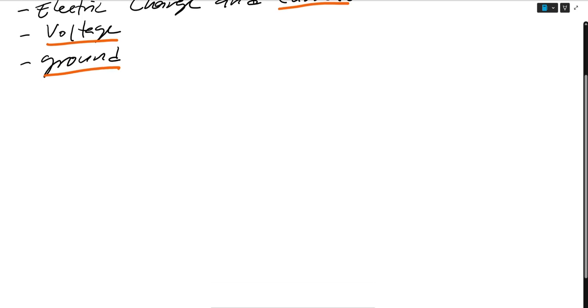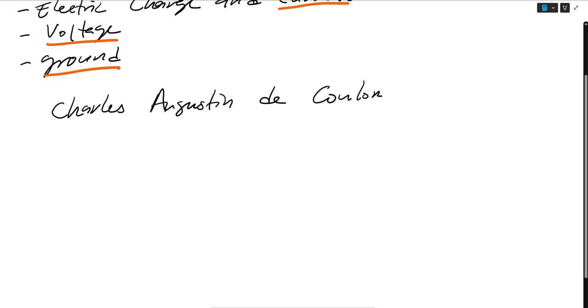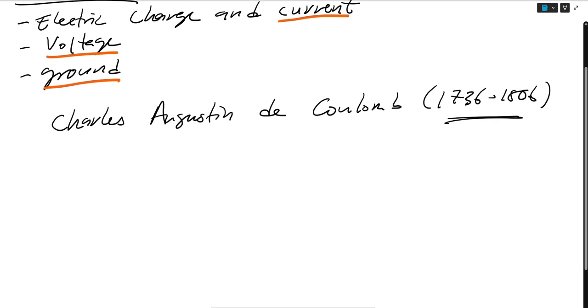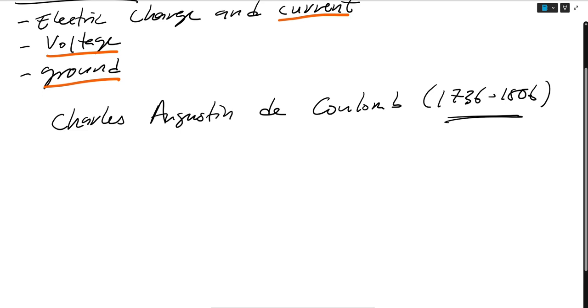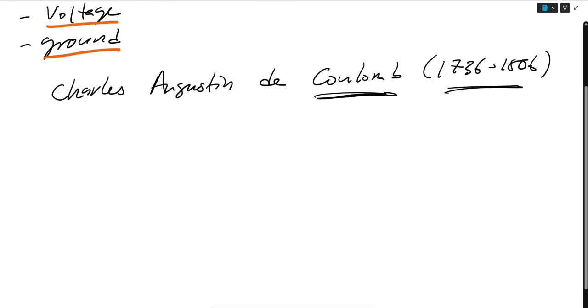So, to begin, we give credit to a French scientist called Charles Augustin de Coulomb, who was a pioneer when it came to defining charge, which is why we name a charge by his last name, Coulomb's.